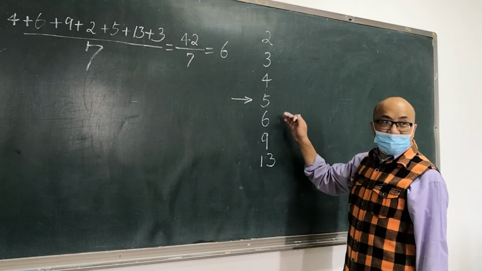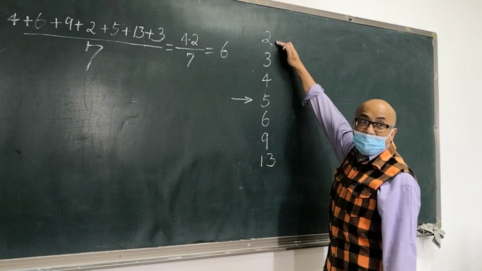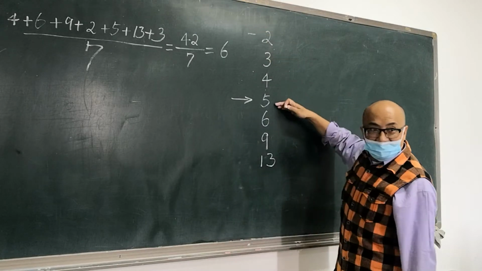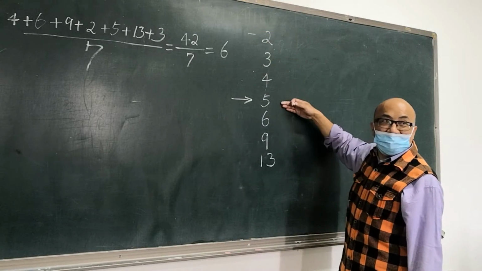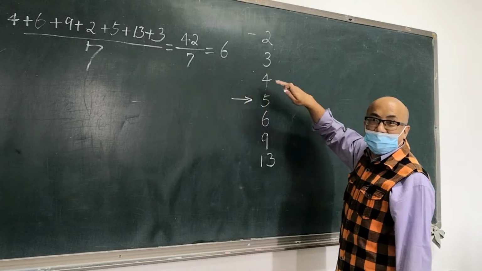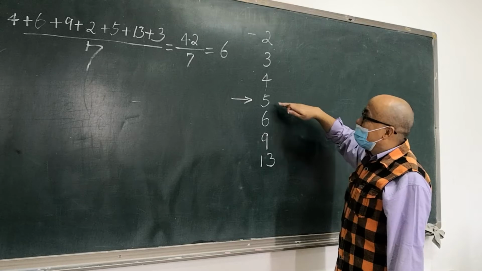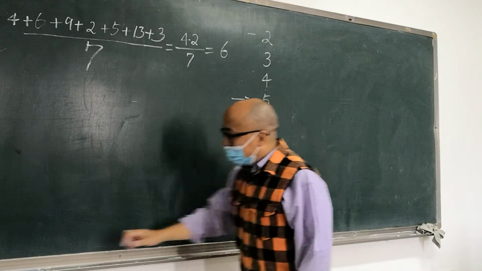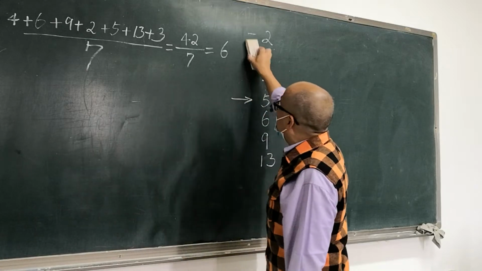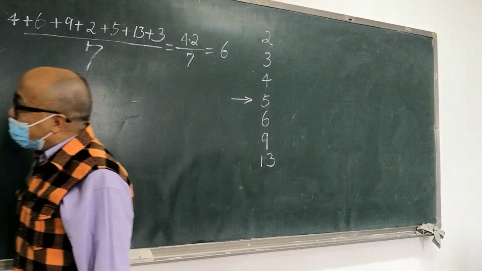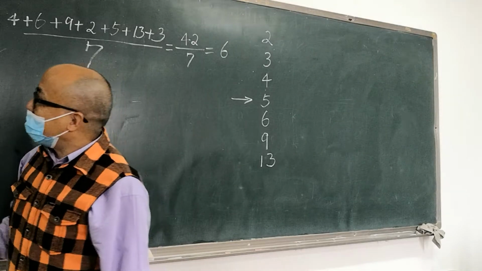The advantage again: if this becomes very small, say it becomes -2, it's still 5. But the mean will be changed. Okay. So this is the median. For the median, there's no symbol.